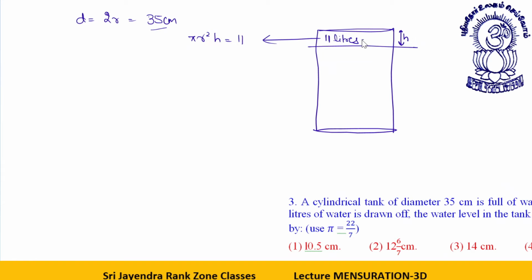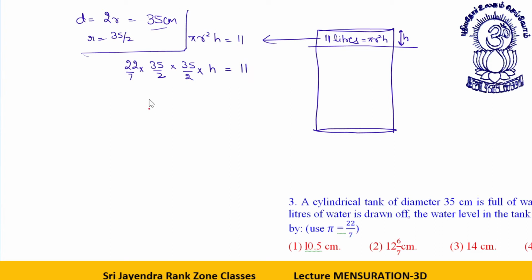Okay, this 11 liters I can say is pi r square h. Now pi is 22 by 7. R is 35 by 2. Okay, from here I can say 22 by 7 into 35 by 2 into 35 by 2 into h is equal to 11. Okay, dear students.